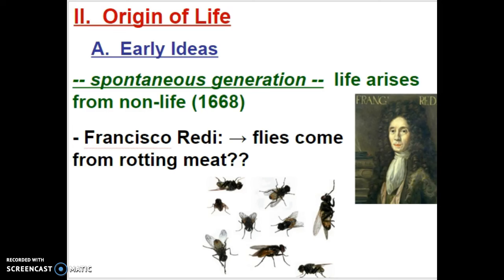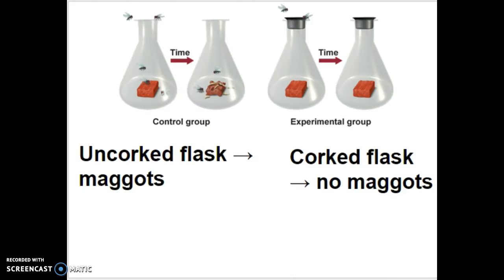There was a guy by the name of Francisco Redi who tried to disprove this idea that life arises from non-living things. So he performed an experiment, and he used a control group and an experimental group, which any good scientist will do.